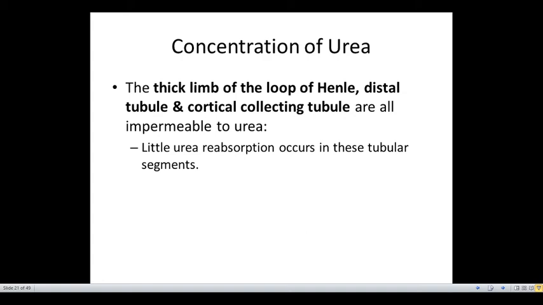We come back to the concentrations of urea in different segments. The thick limb of the loop of Henle, distal tubule and cortical collecting tubule are all impermeable to urea. Little urea reabsorption occurs in these tubular segments.